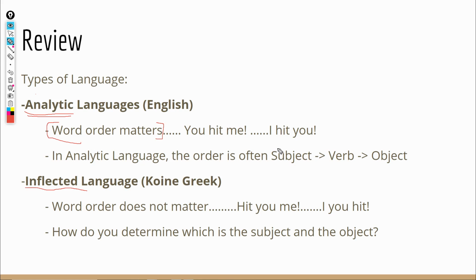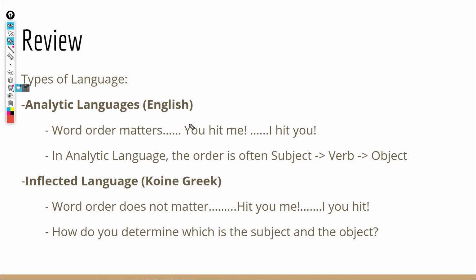And so, very basic, this is the structure that English will often use. We have the subject, and the subject is the one doing the action. There's the verb, which is, of course, the action word. And finally, the object, which is the recipient of the action.